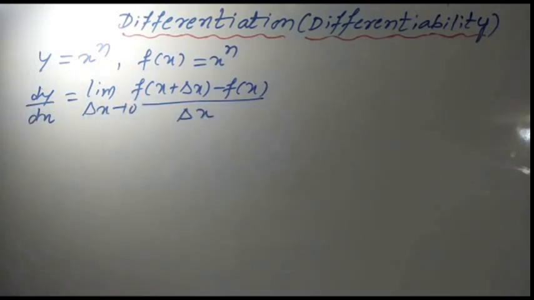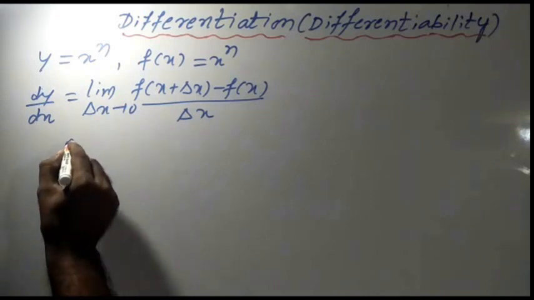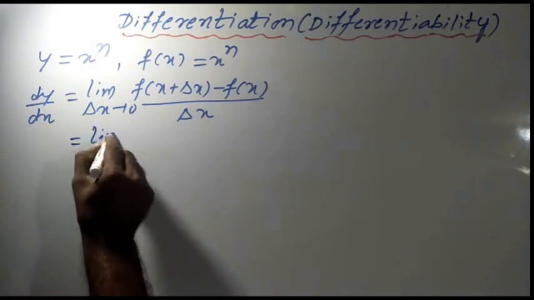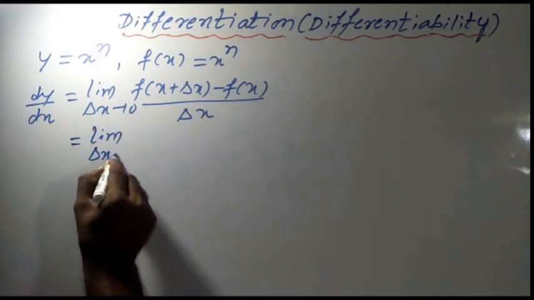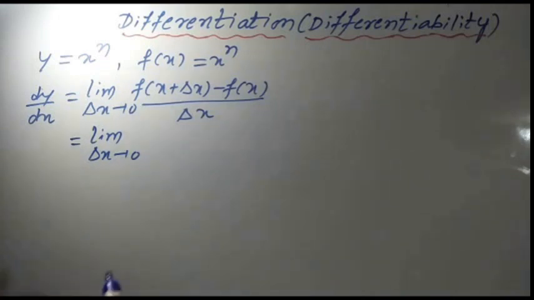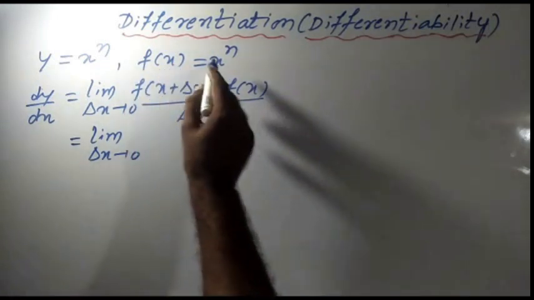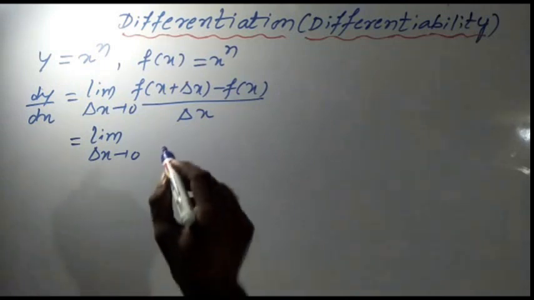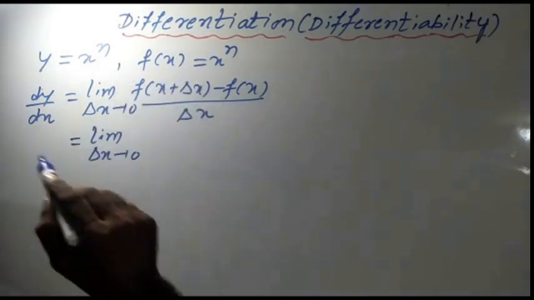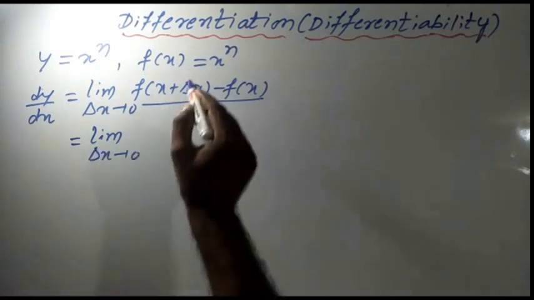In this result we put limit as delta x tends to 0, f of x plus delta x. Look here, f of x is x to the power n. Now we consider x plus delta x as the total term in place of x.